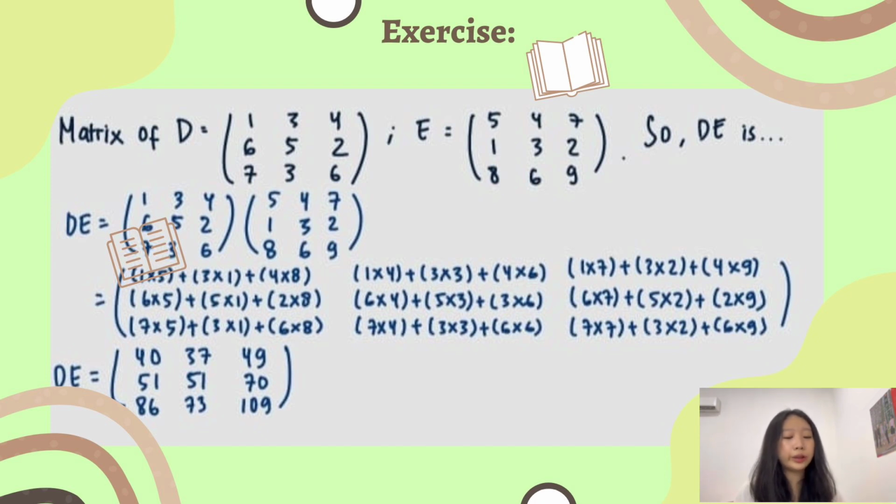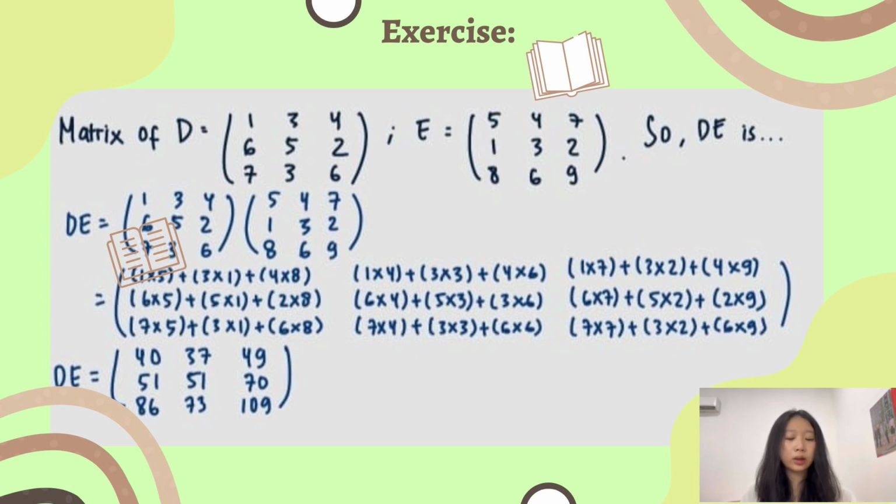So the way we do it is 1 times 5 plus 3 times 1 plus 4 times 8. Then for the next one, the B one, it was 1 times 4 plus 3 times 3 plus 4 times 6. For the next one, 1 times 7 plus 3 times 2 plus 4 times 9.